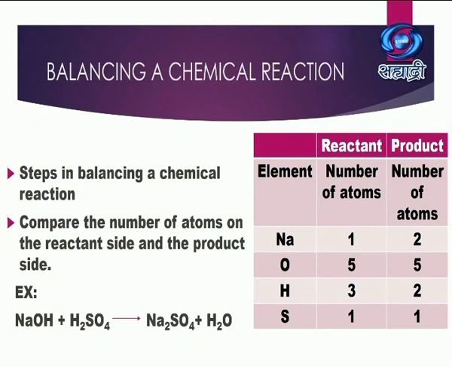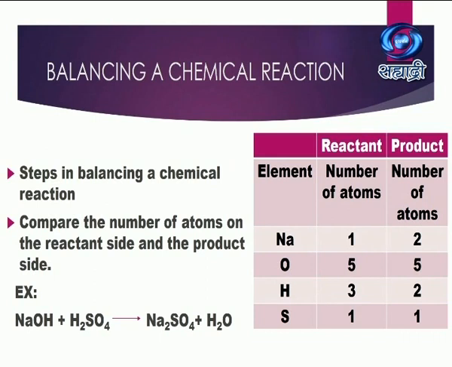In case of hydrogen, on the reactant side they are 3, and on the product side they are 2. And S, that is sulfur, it is only 1 on the reactant side as well as on the product side. Now from this table, it is very much clear that sodium and hydrogen are to be balanced.